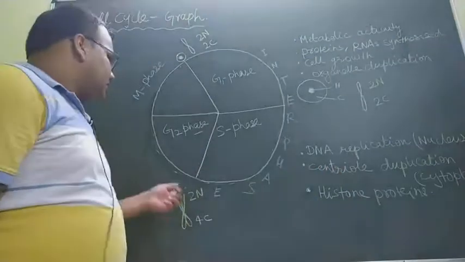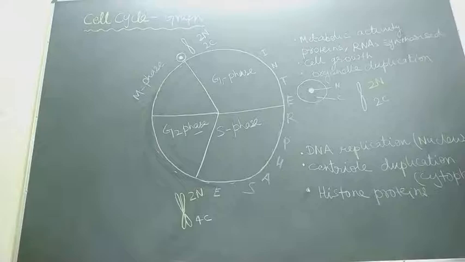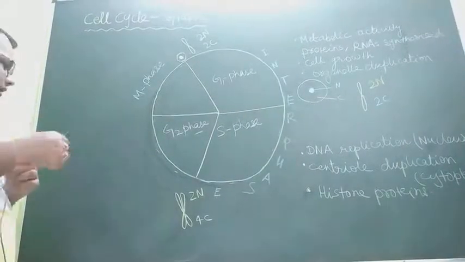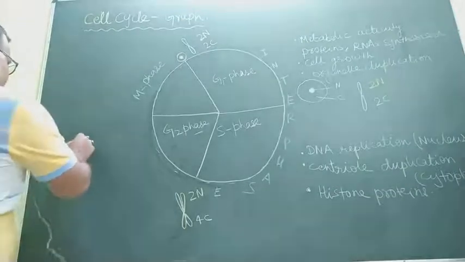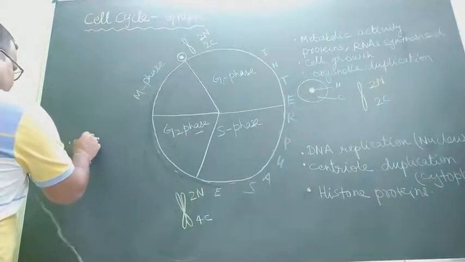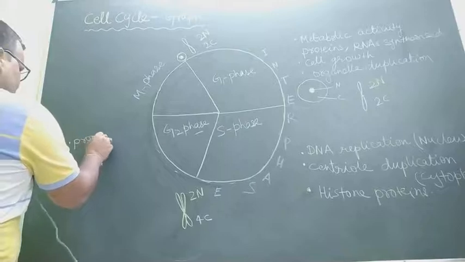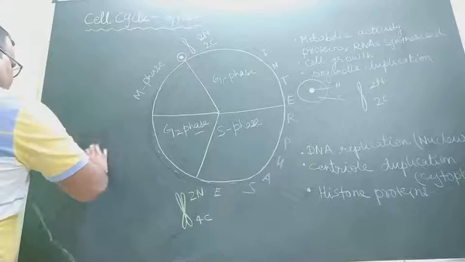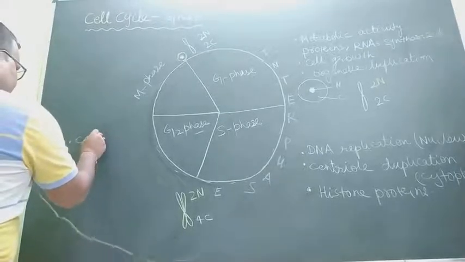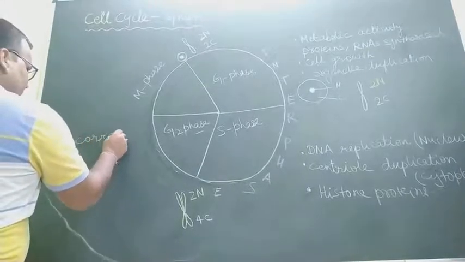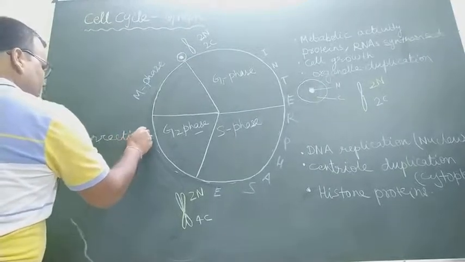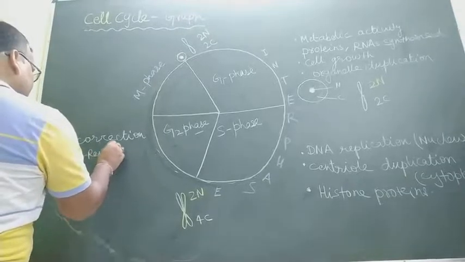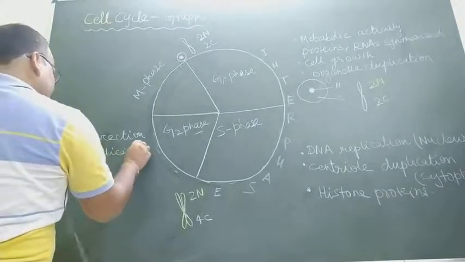So let us discuss some major events which take place in G2 phase. That is, proofreading of DNA takes place. It is correction of DNA. If there is any anomaly, correction of replicated DNA can happen.